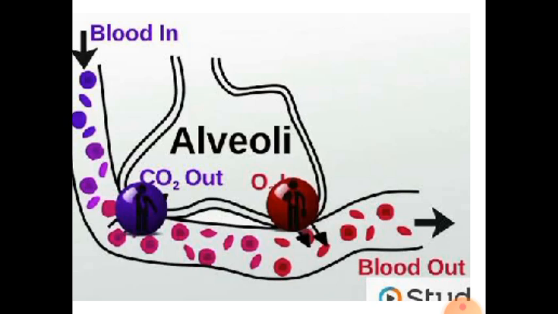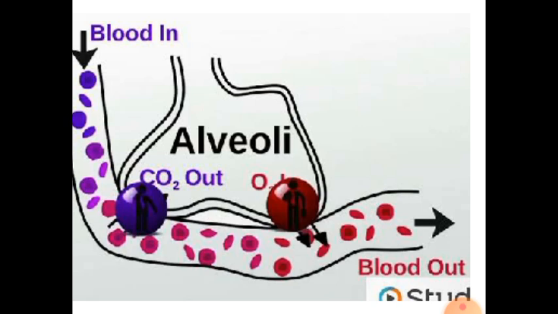Okay, here you can see from one side of the capillary, blood brings carbon dioxide to the lungs, and the carbon dioxide was produced in respiration in the cells. And see, on the other end of that capillary, the blood takes oxygen away to every cell in the body where it is used for respiration.